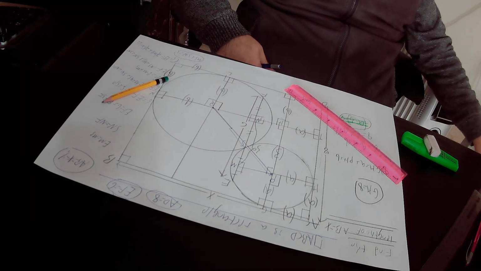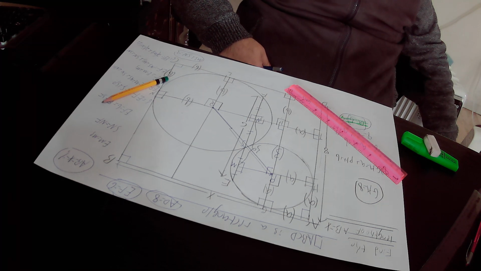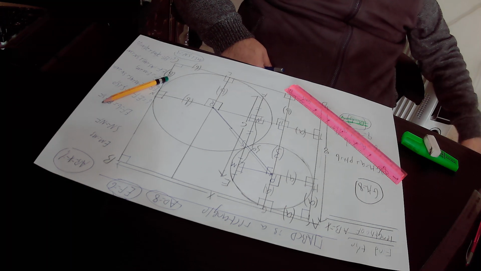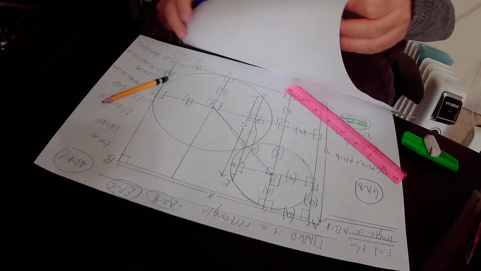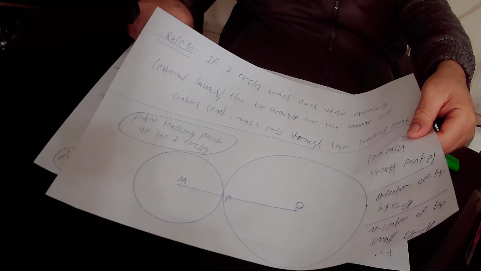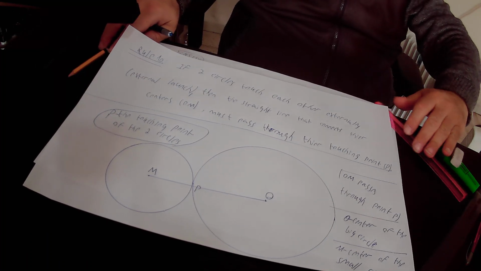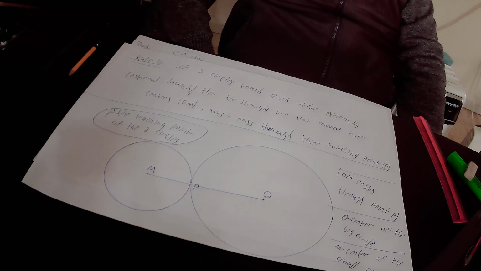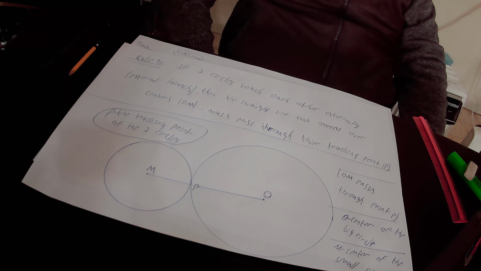And I present to you a new rule, and we'll implement the new rule in our drawing. According to the new rule, if two circles touch each other externally, that is to say, they have an external match between them, then the straight line that connects their centers together must pass through their touching point.